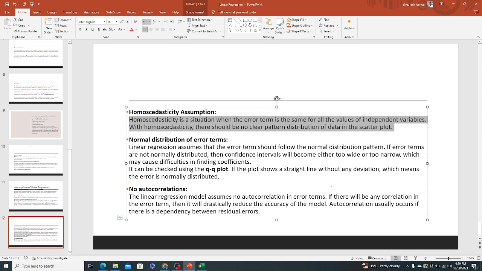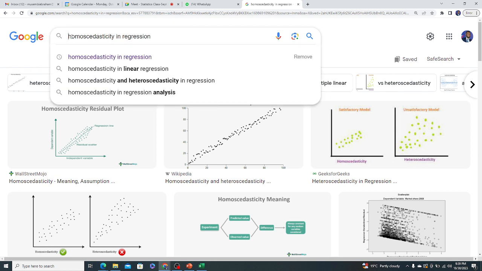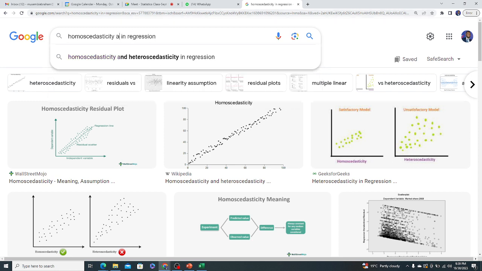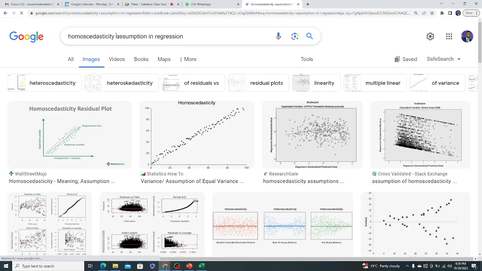Are we assuming that we have homoscedasticity or heteroscedasticity? Let me just confirm that. The homoscedasticity assumption in regression.